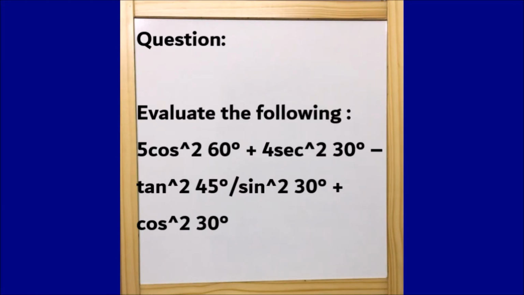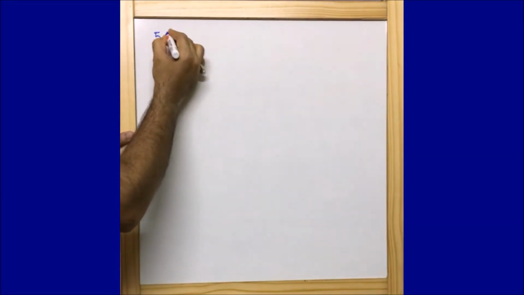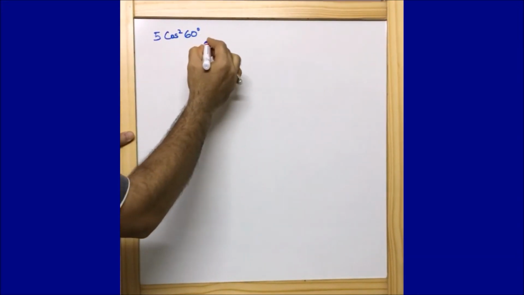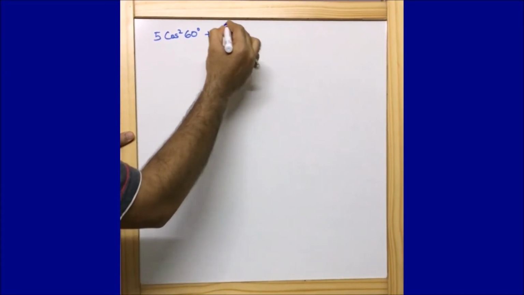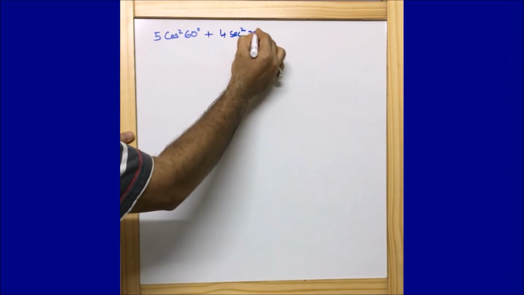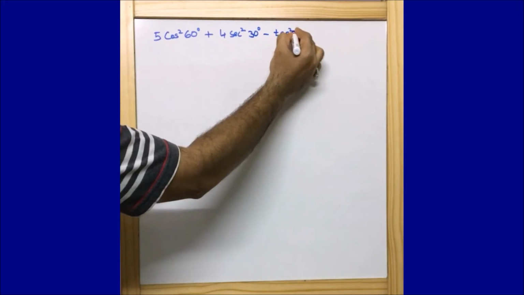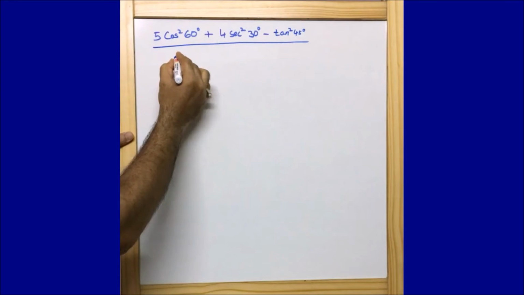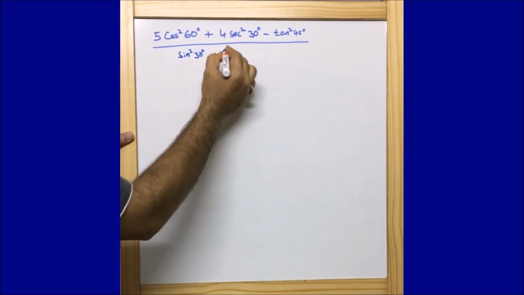So let me first of all write down the question here on the board so that we can start solving this one. The given question is 5 cos square 60 degree plus 4 sec square 30 degree minus tan square 45 degree upon sin square 30 degree plus cos square 30 degree.